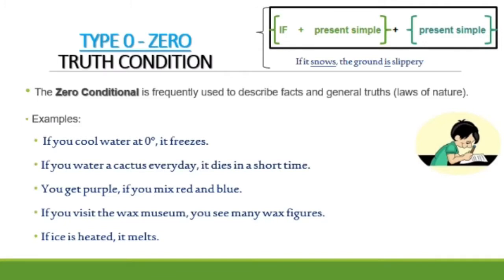If you visit the wax museum, you see many wax figures. If ice is heated, it melts. So you see, in all of these examples, you have examples of facts and general truths that we call laws of nature.